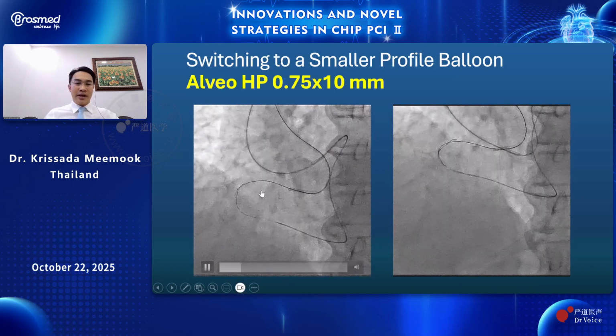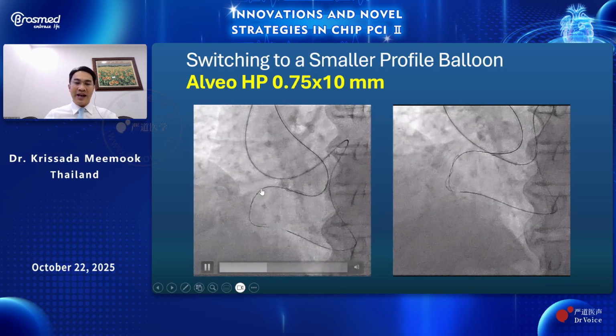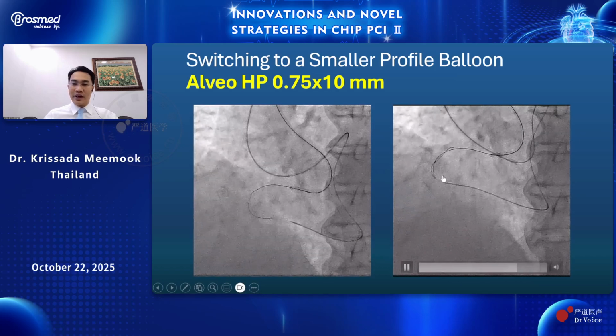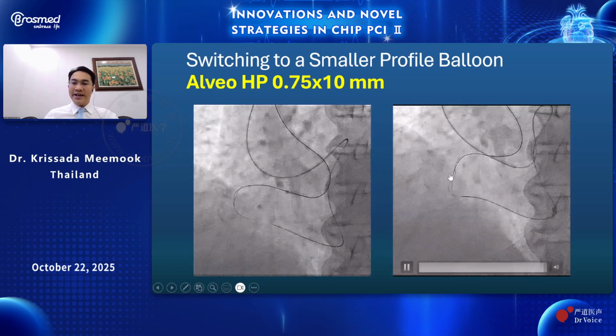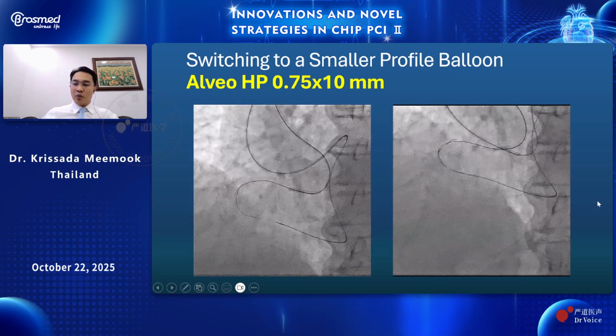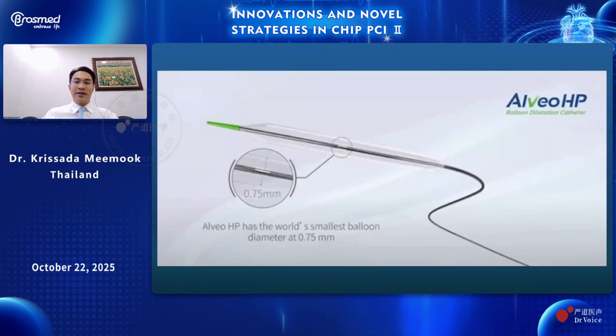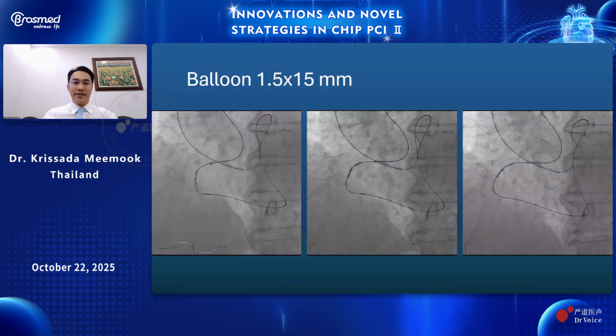So you can see the balloon can cross the lesion easily to the mid RCA. So we can open up the balloon right here. After the 0.75 balloon crossing, this is very small and very high pressure, as we have seen before. I think it's very suitable for CTO PCI.